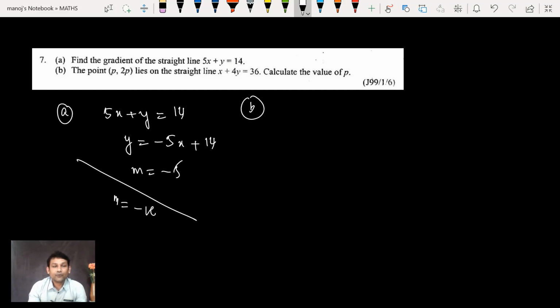Part B, the point lies on the straight line x plus 4y is equal to 36. Whenever the line is passing through this point, x is p and y is 2p.